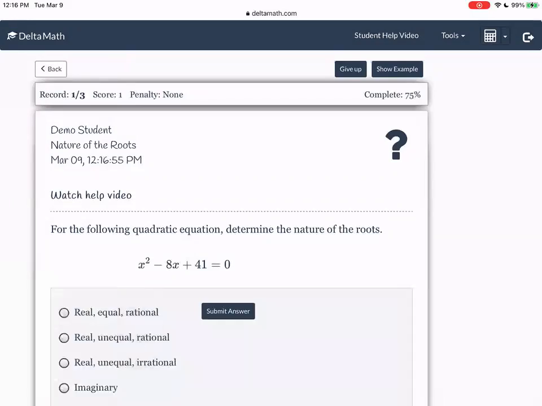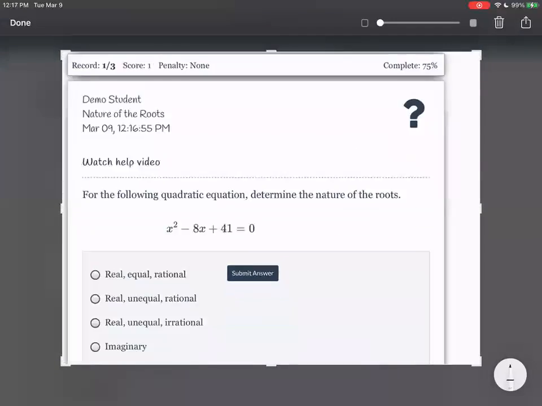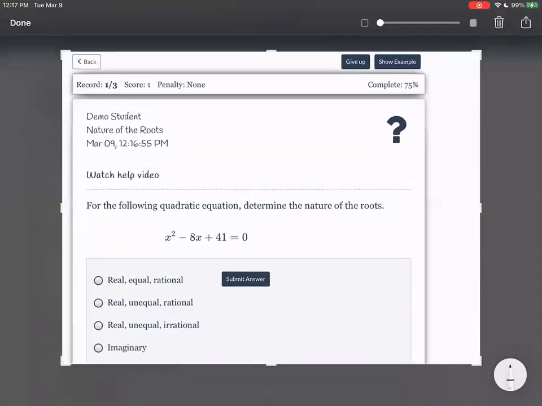Next one. I'll draw the table again. So remember that your discriminant, you could have it be positive or negative or 0. This means it's real.